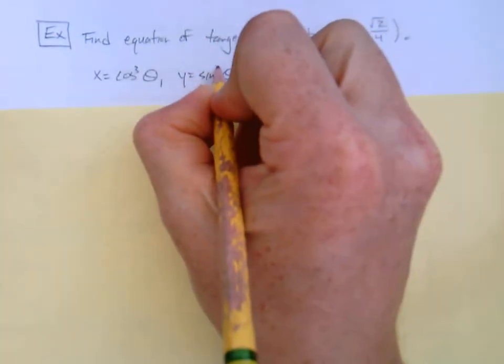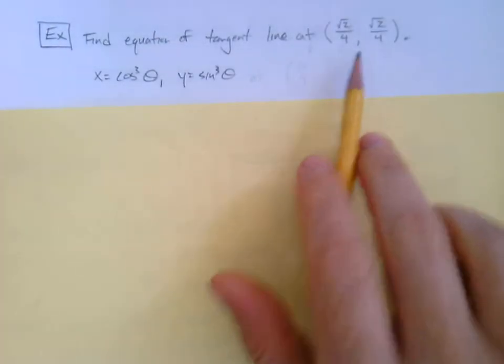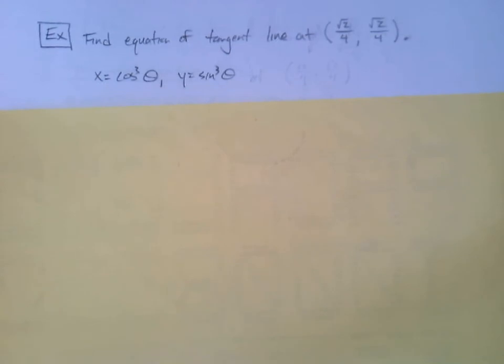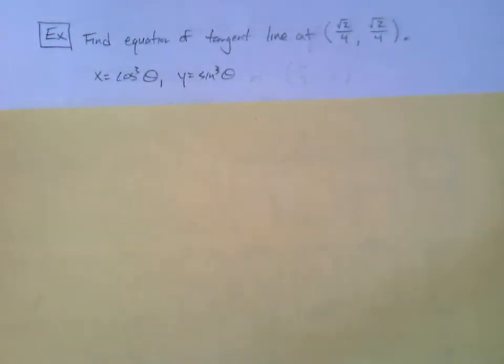Both of them are cubes. The equation of the tangent line. Okay, so we'll need the derivative, and then we'll have to figure out a way to evaluate that derivative at our point. And that's actually going to be most of our discussion.